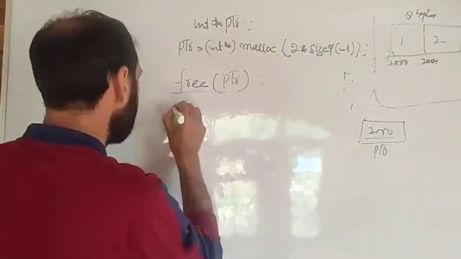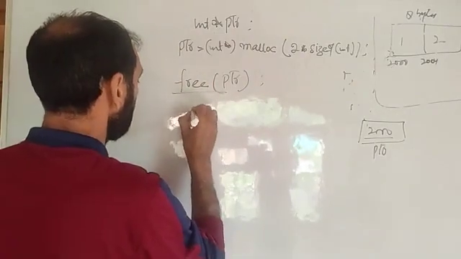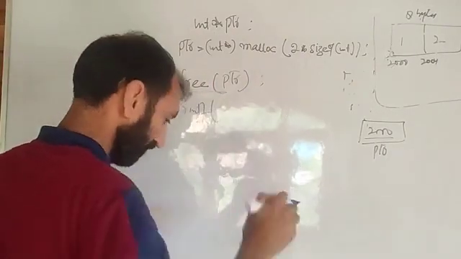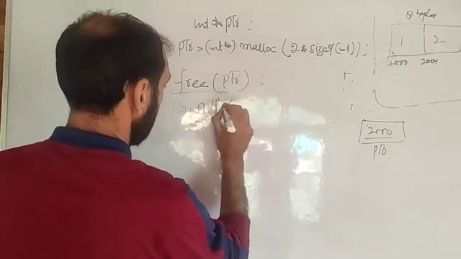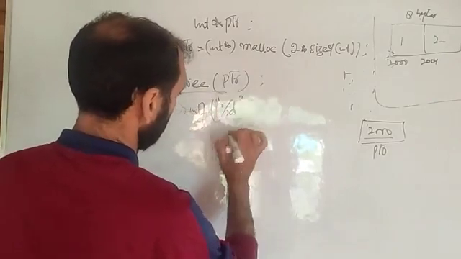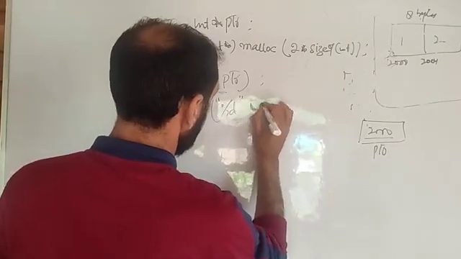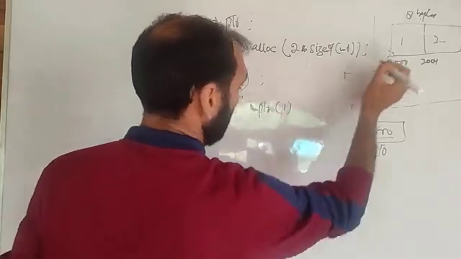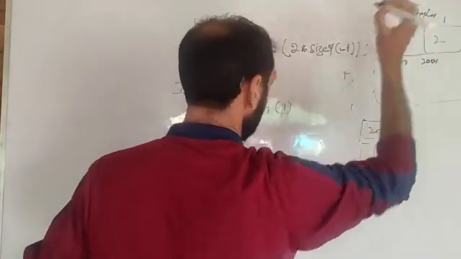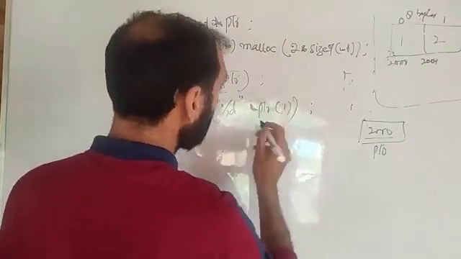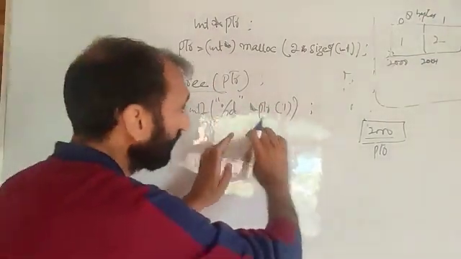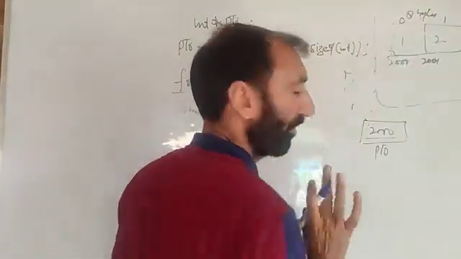For example, if after freeing this I write printf %d ptr 1, where this is the 0th and this is the 1st element, will this print 2 or not?